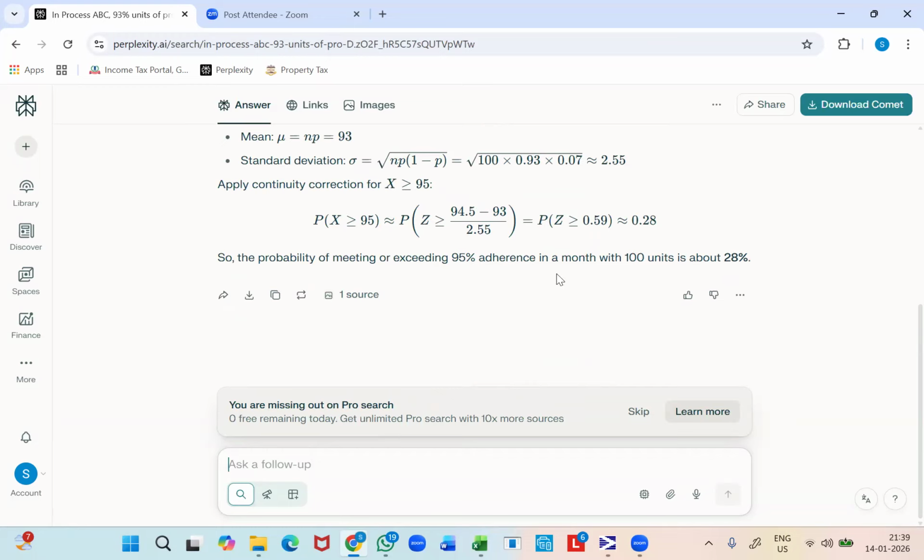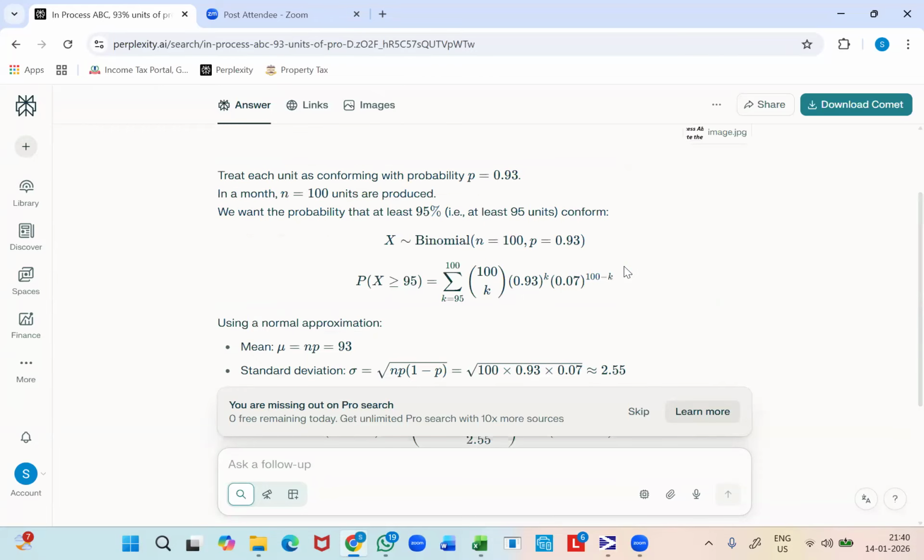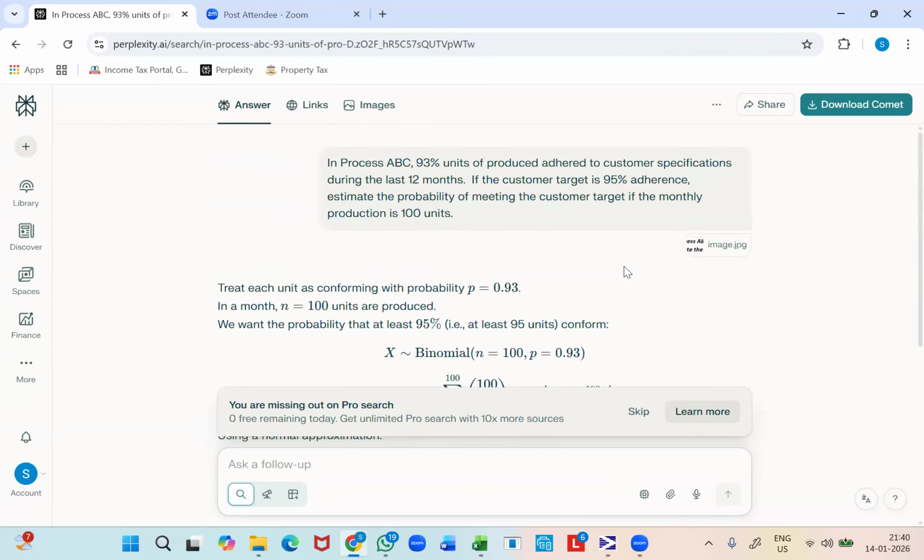Our output says it's 29.14%, but the AI tool is giving the answer as 28%. There can be slight variation. That's what I told you. We cannot be totally dependent on the AI tool. Sometimes you'll not get the perfect answer. You can get roundabout that value.